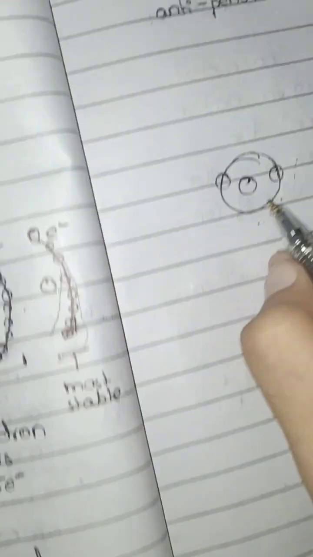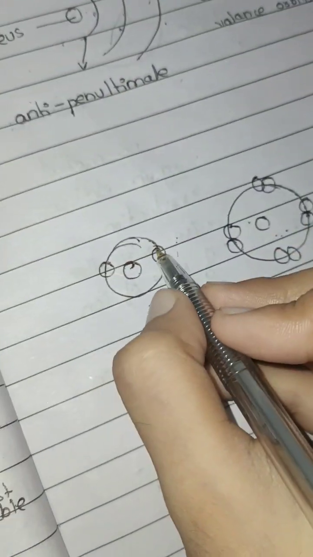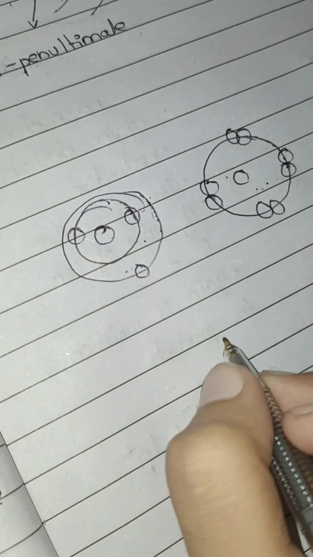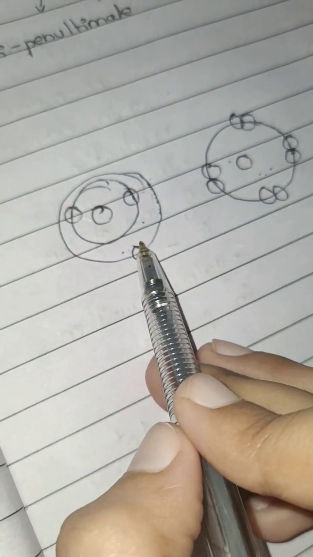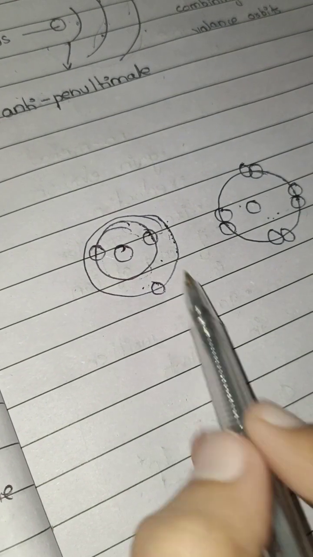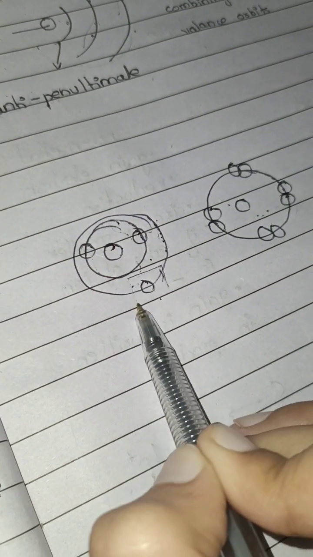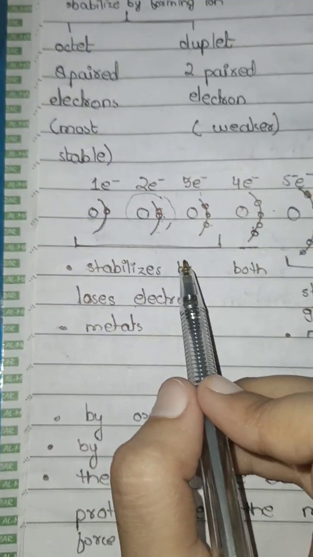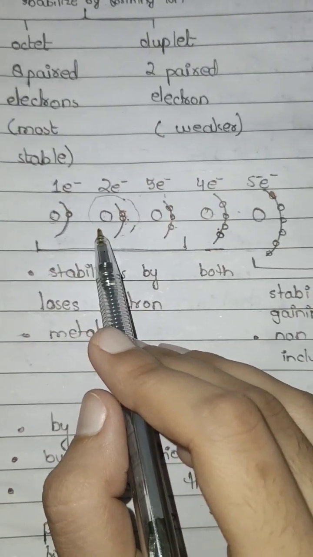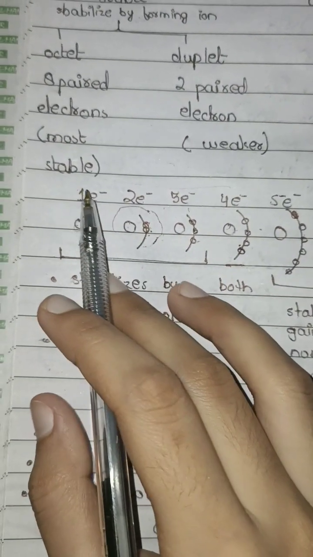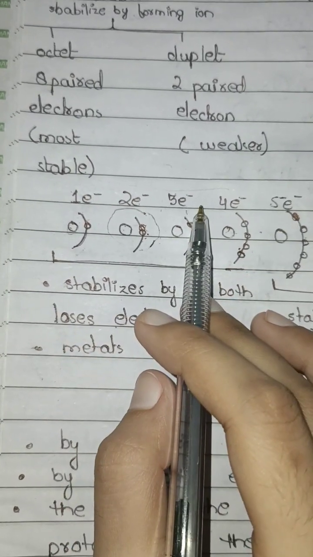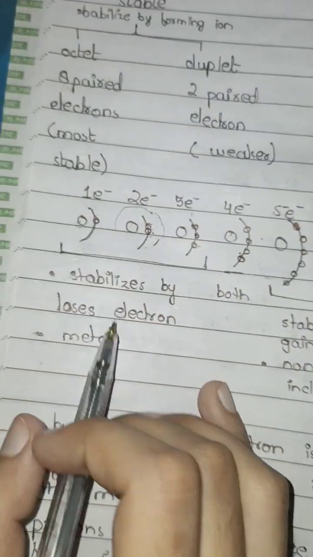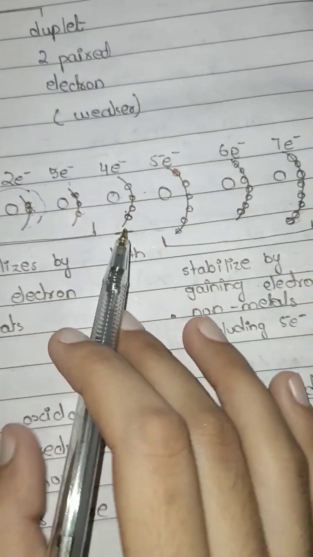Or suppose there is another orbit and it has only one electron here. What will this atom do? This atom will lose this electron to stabilize. So there's the same condition here. If an atom wants to stabilize and it has 1, 2 or 3 electrons in the valence orbit, it has to lose electrons to become stabilized.